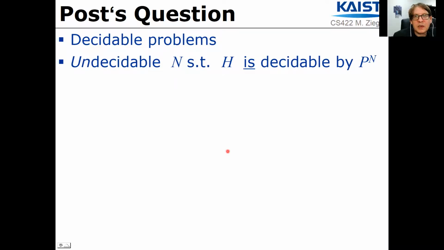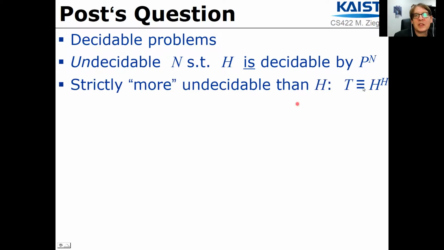So for example, the non-triviality problem and halting problem are both equivalent, and they can be decided by a while program P given oracle access to the non-triviality or the halting problem, which is the same. Whereas the totality problem is strictly more undecidable. It's on a next level.